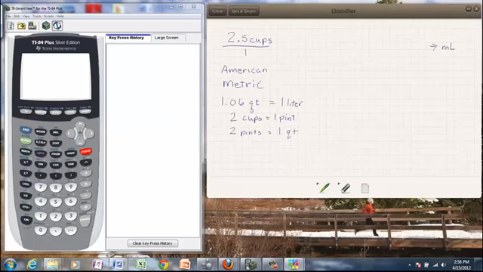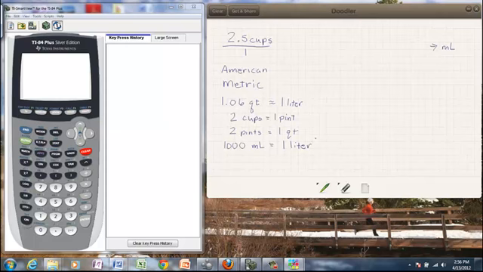So since that's a metric conversion, I'm going to go down and look in there. And I found milliliter in a couple of different places, but one place it has 1,000 milliliters is equal to 1 liter. So that's the one I think I want to use.